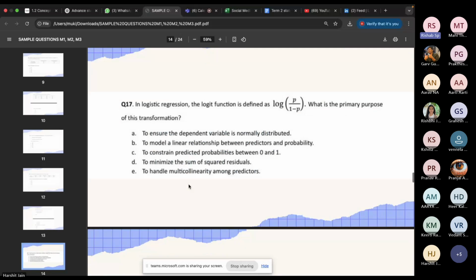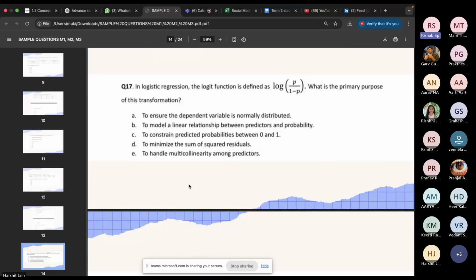So after the 13th question, we are jumping on to the 17th question. Questions 14, 15, 16 are from module 4, so we are not discussing them here. In logistic regression, the logit function is defined as this. What is the primary purpose of this transformation?